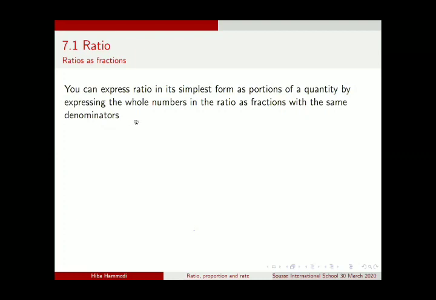The denominator we will use here is the sum of the two numbers in the ratio, and the numerator of each portion will be the number that represents that quantity.